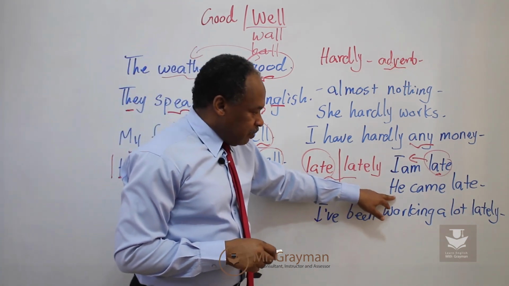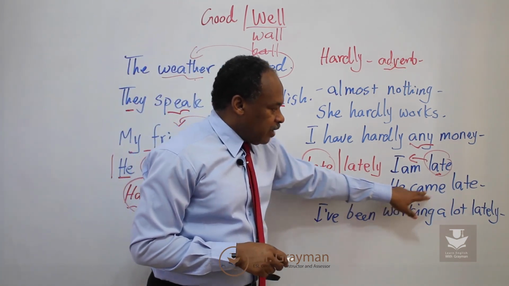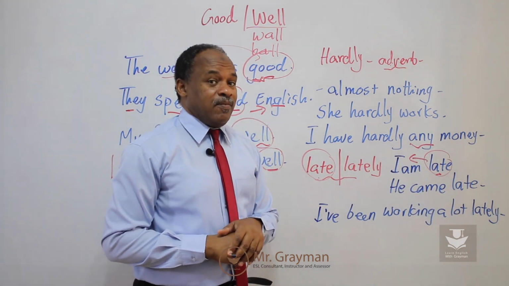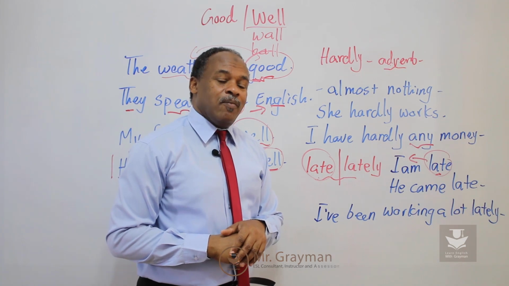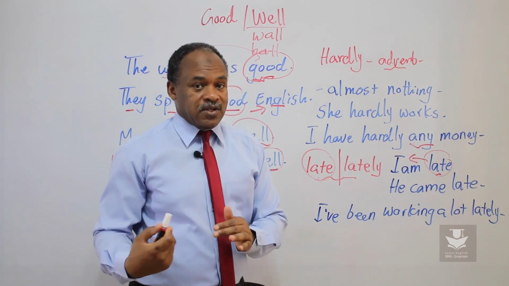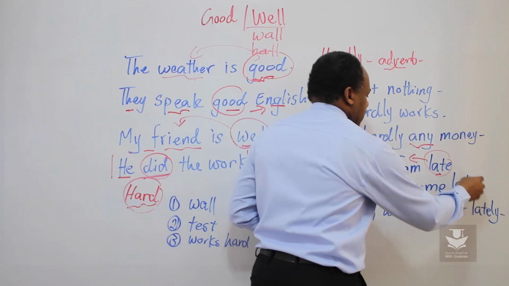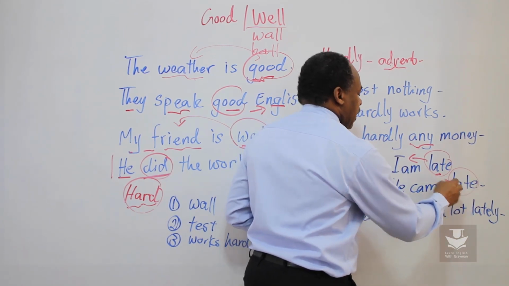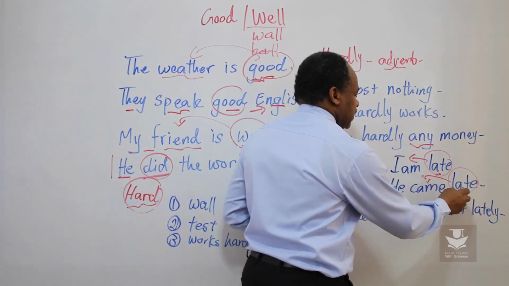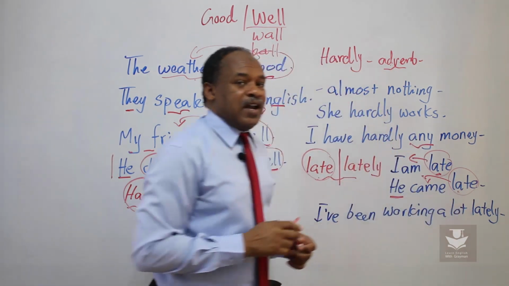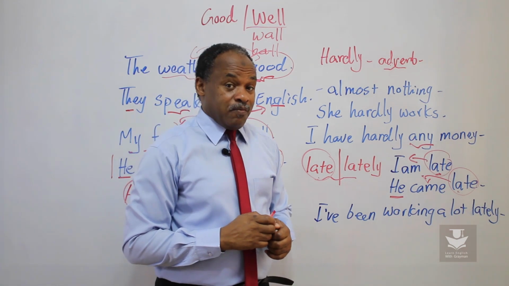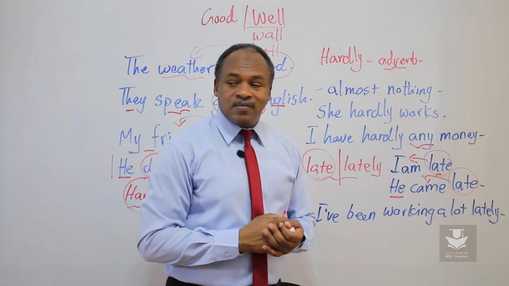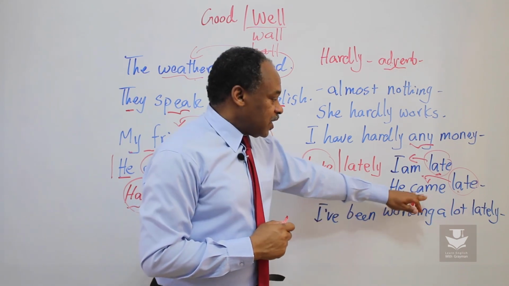And look at another example. He came late. So did he come? Yes, he came. Oh, when did he come? He came late. So late here does not describe him, it describes came. So then this is not an adjective, it is an adverb because it describes came.